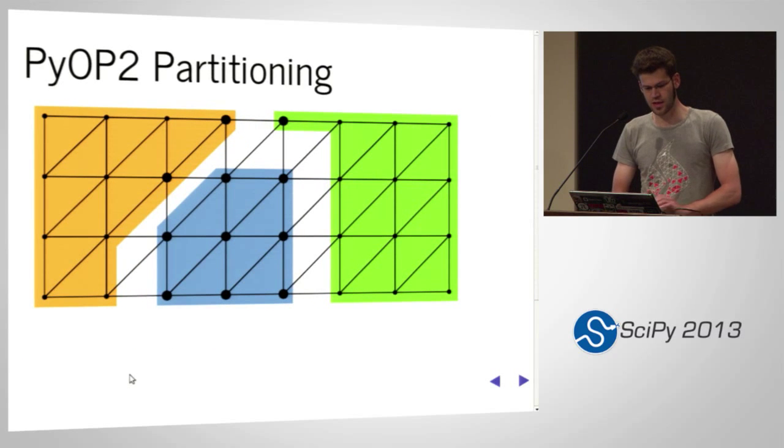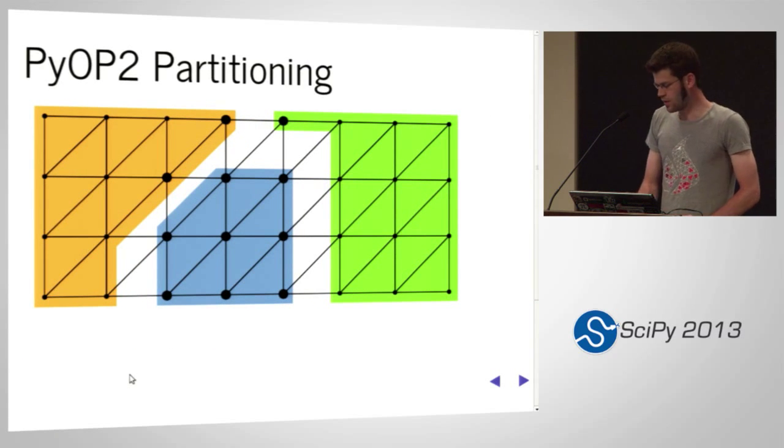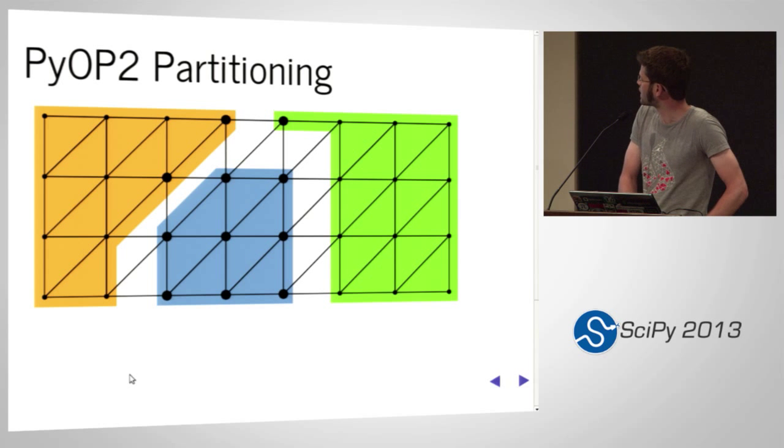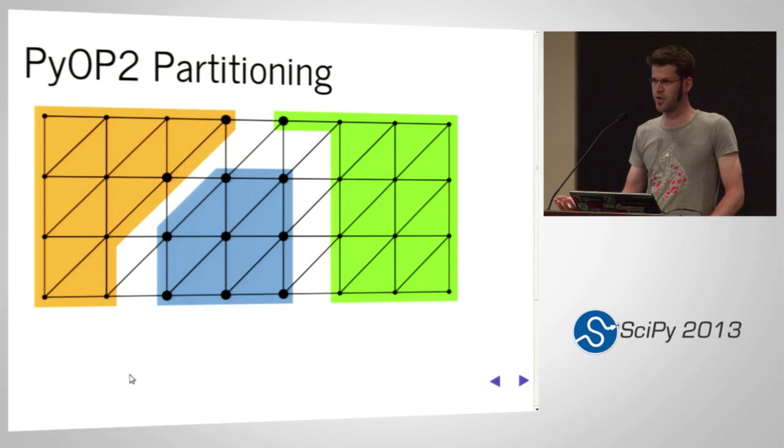So how does this look? One thing that PyOP2 does is partition your mesh so that the mesh partitions fit in the local cache memory of your device. That's the shared memory on a GPU or the on-chip cache on a CPU.